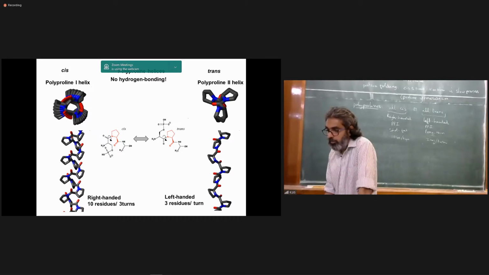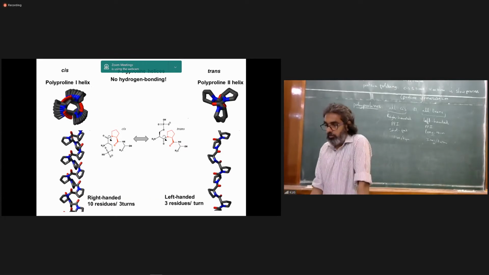Definitely puckering occurs. Puckering means that all 5 atoms are not in the same plane, and typically one of the carbons in the cycle is off the plane. That's not really contributing. The main contributing force is basically restricting cis and trans. So the stabilizing force in this case is basically n-to-pi-star of the backbone only.